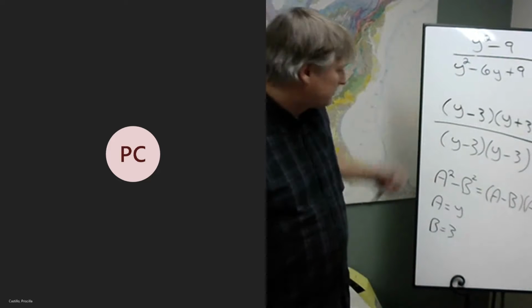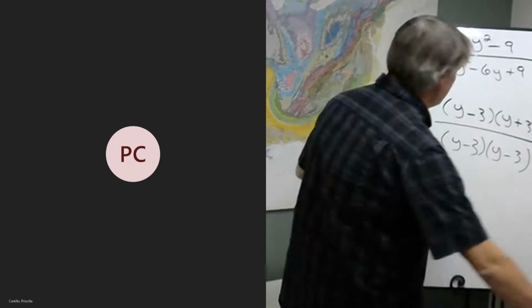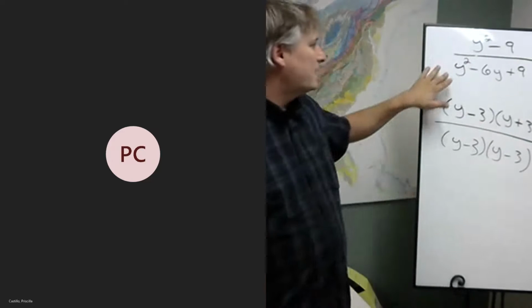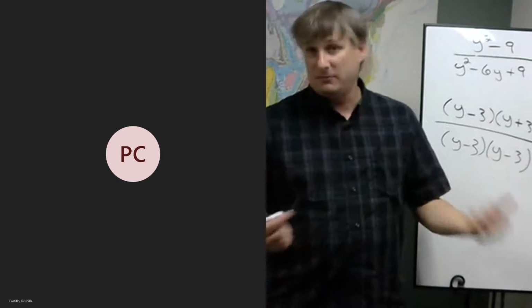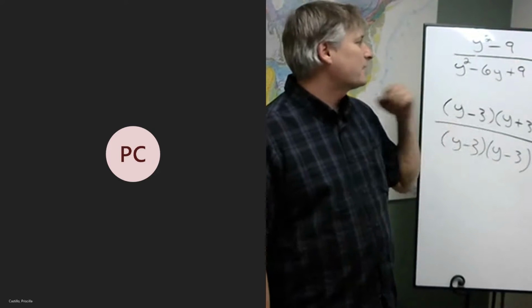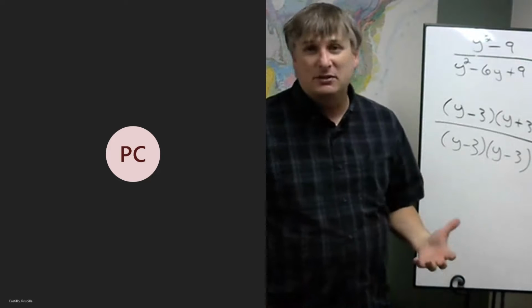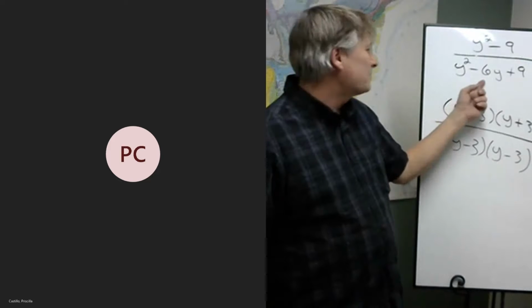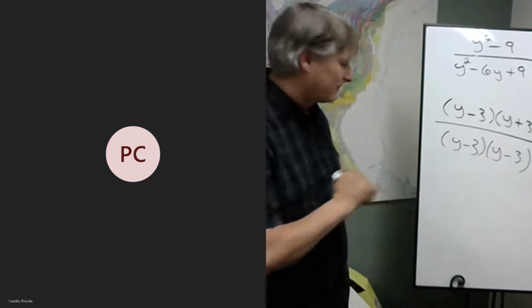Now, for this one, again, we have a visible 1 in front of the lead term. Now, we first put this in standard form, so we have highest power of y, next highest power, constant. And then we use the guess and check method. 2 numbers that add up to -6, but multiplied to 9.